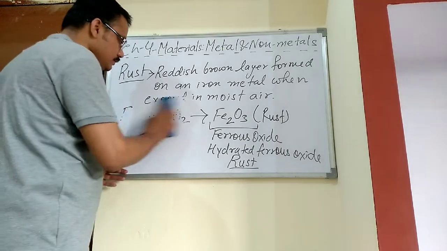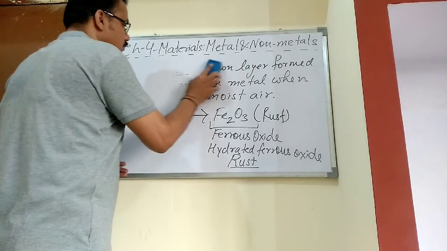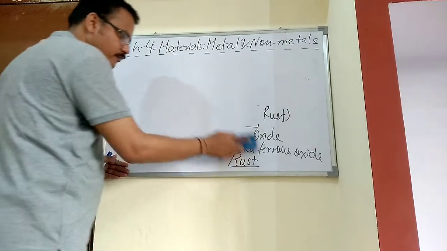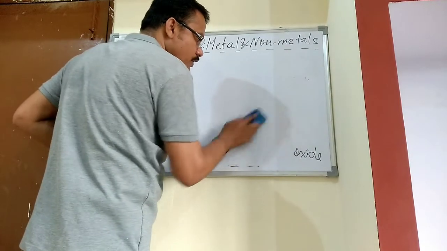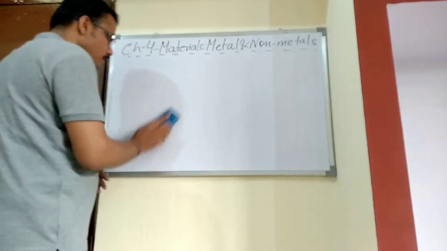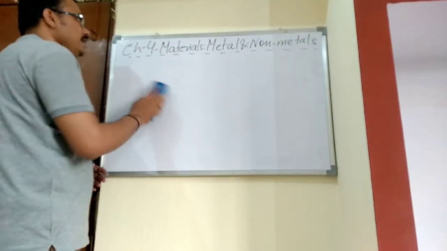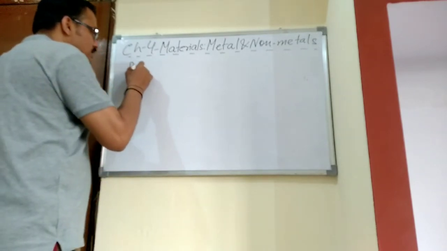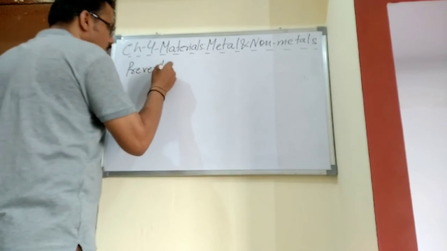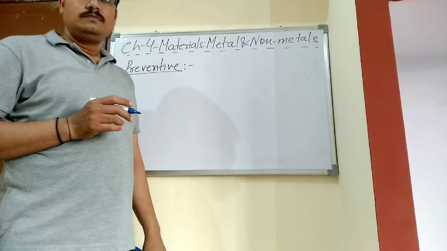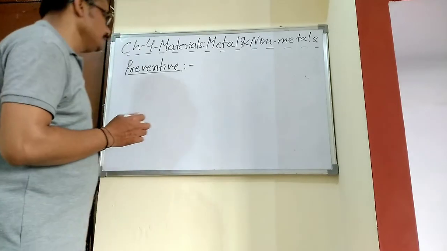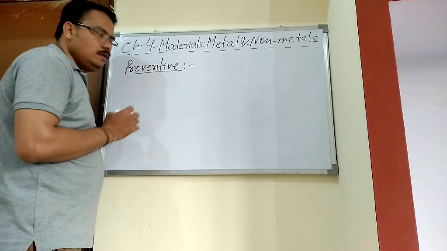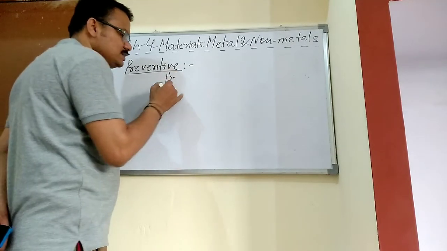Listen carefully, students. Dear students, a preventive method is a method by which we can stop an iron object from rusting, and we could save a lot of money every year by doing this. So for prevention, there are various methods.